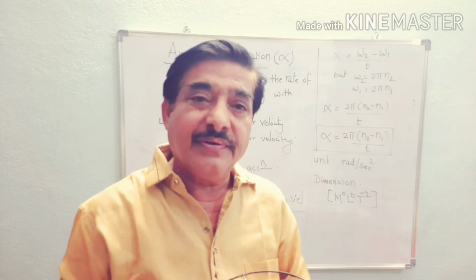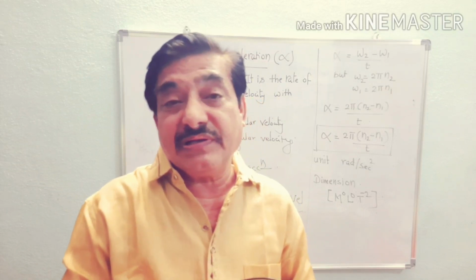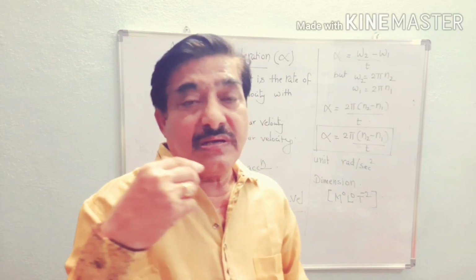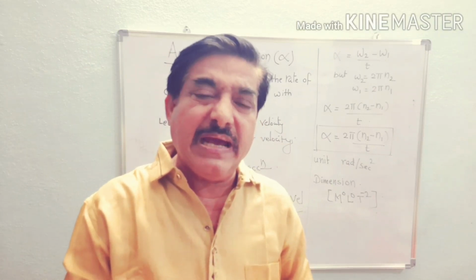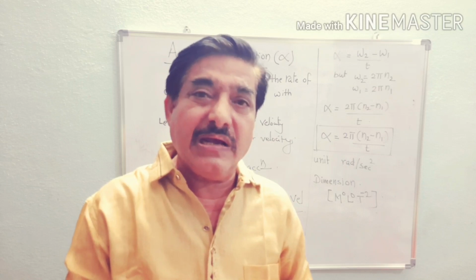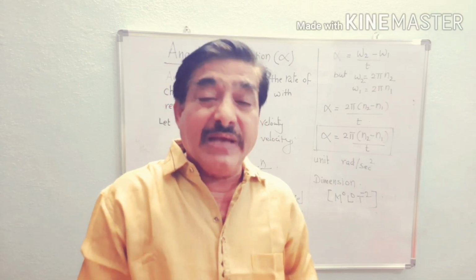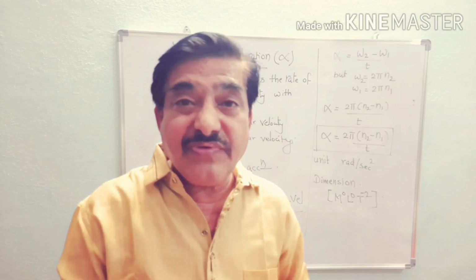But for the cross product, what are the sign conventions? It means when we establish the relation between angular acceleration, r and tangential acceleration, then in that case, we use the same sign conventions as for angular velocity.